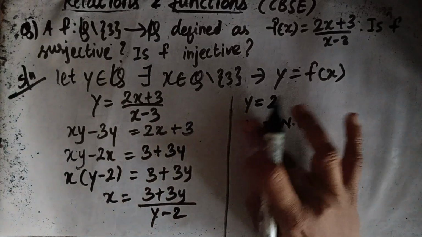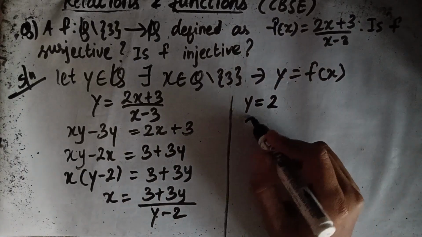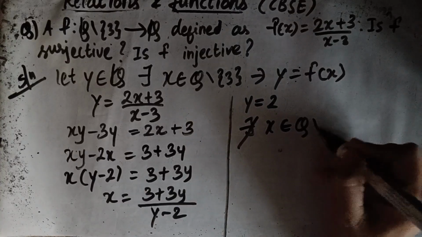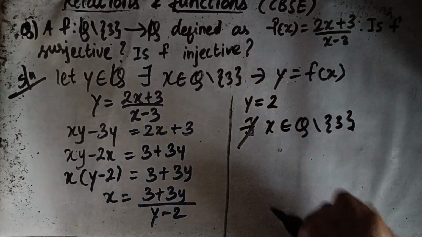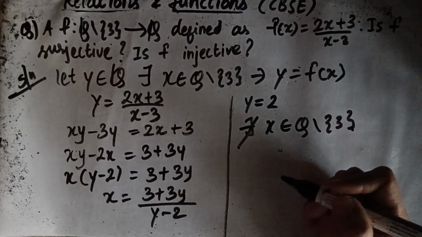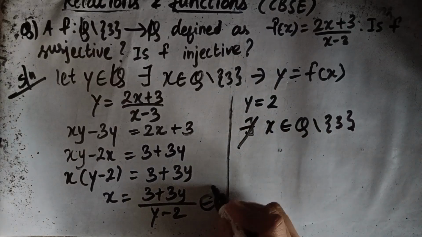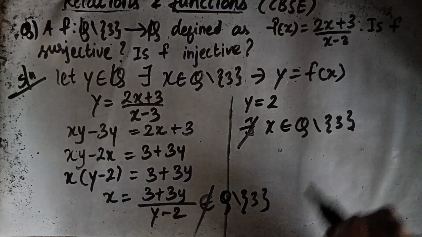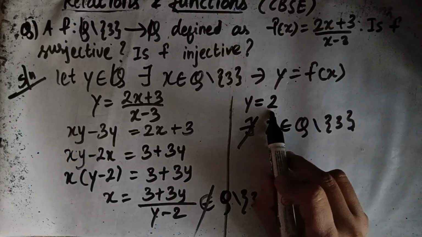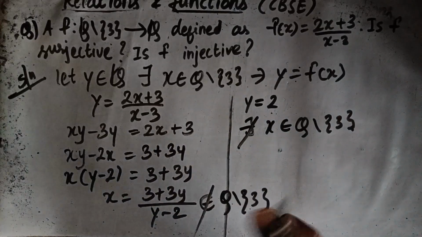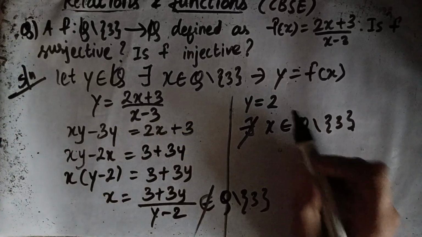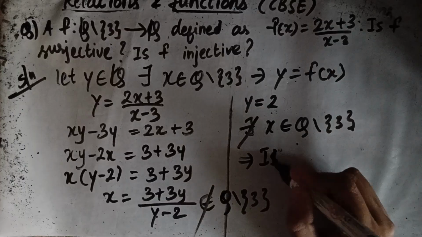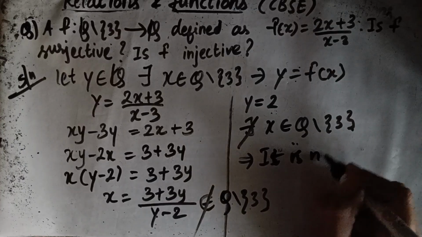So for y equal to 2, there does not exist x belonging to Q minus {3}. Okay. So we say that this does not belong to Q minus {3}. For this value, there is no pre-image. Okay. So we can say that it is not surjective.